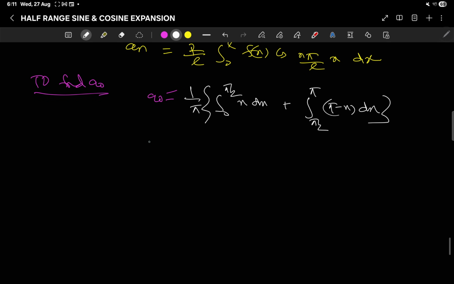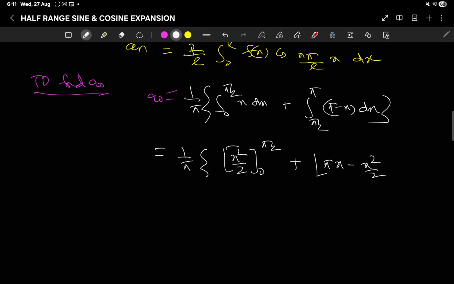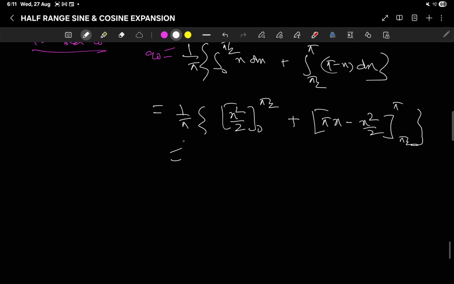If you simplify it, it will give you 1 by pi, it is x square by 2 from 0 to pi by 2 plus pi x minus x square by 2 from pi by 2 to pi. If you simplify it, it will give you here pi by 4, right? So a0 is here pi by 4.